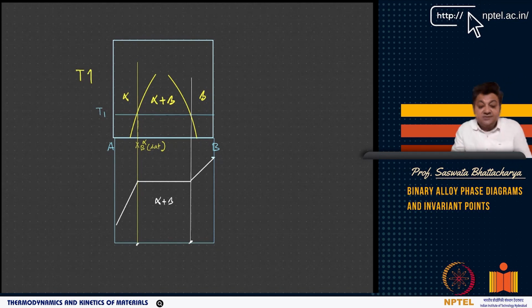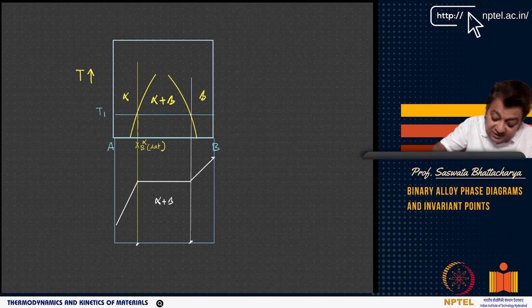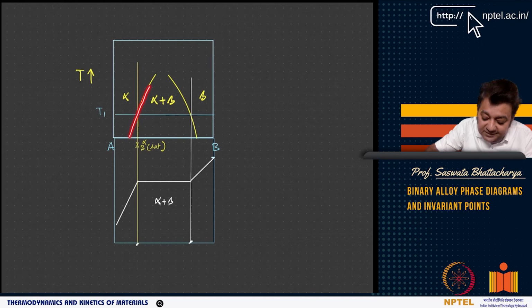So this basically gives you the maximum amount of B. The solvus curve, which separates alpha from alpha plus beta, gives you, as a function of temperature, the maximum solubility of the solute B in alpha.